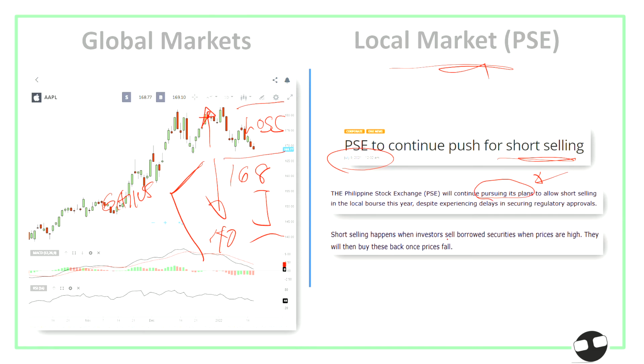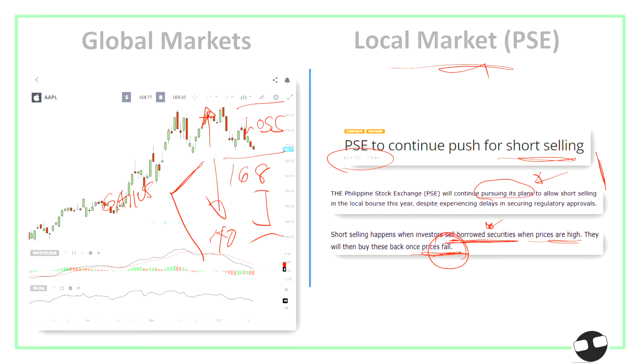Short selling happens when an investor borrows securities. Remember, you don't have the asset yet, but you can sell it because your broker would lend you shares of those assets when prices are high. They will then buy this back once prices fall. So in short selling, you are actually making money when the price falls.